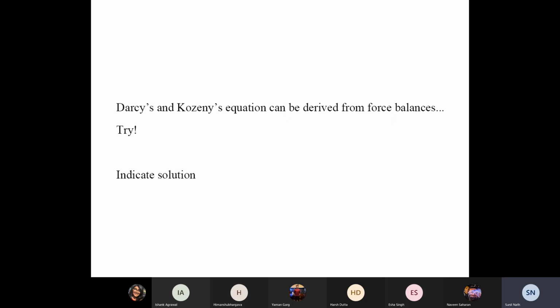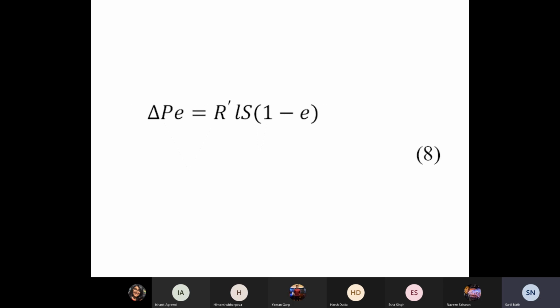So the force that will balance the drag force R prime into S into L into 1 minus E will be just delta P times small e. Then you can write the force balance, which is what is written in equation 8 on your screen.